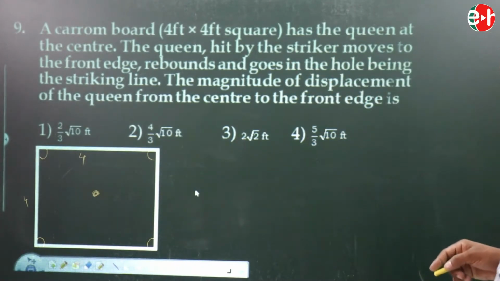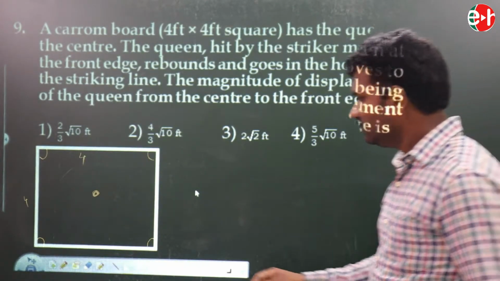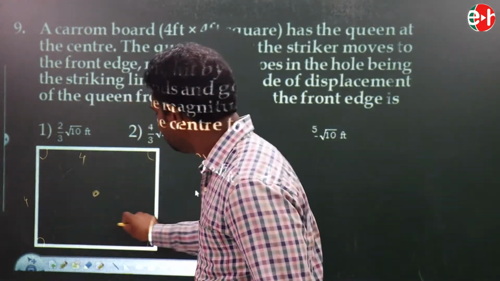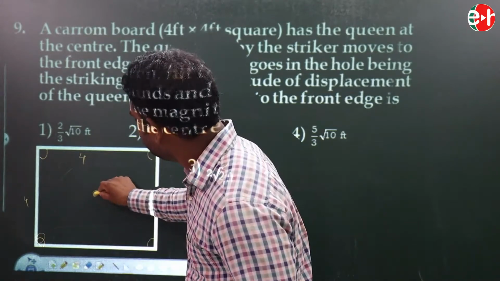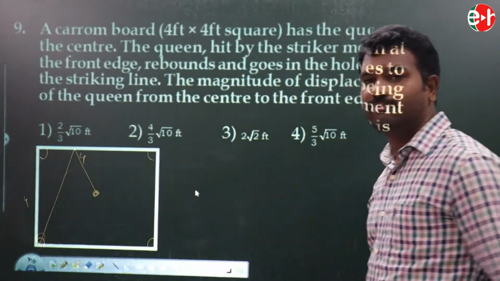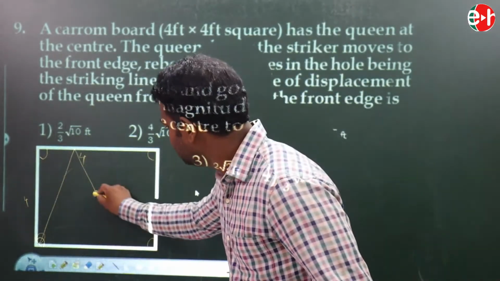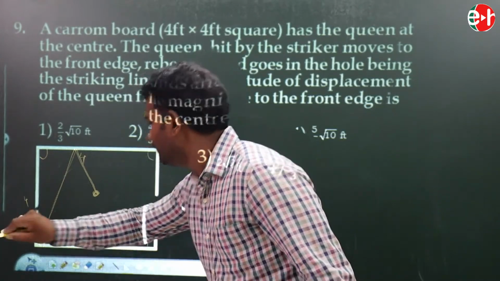The queen hit by the striker moves to the front edge and rebounds and goes into the hole behind the striking line. So, if this is the striking line, behind the striking line means this hole. So, it hits the front edge and rebounds to the hole. After this, the queen moves like this and falls into this hole.